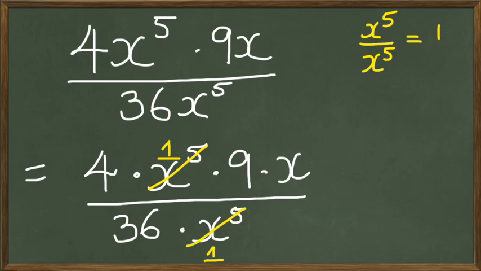Now in the numerator also, 4 times 9 is 36, and I really should have done this in another color. Let's just try that.